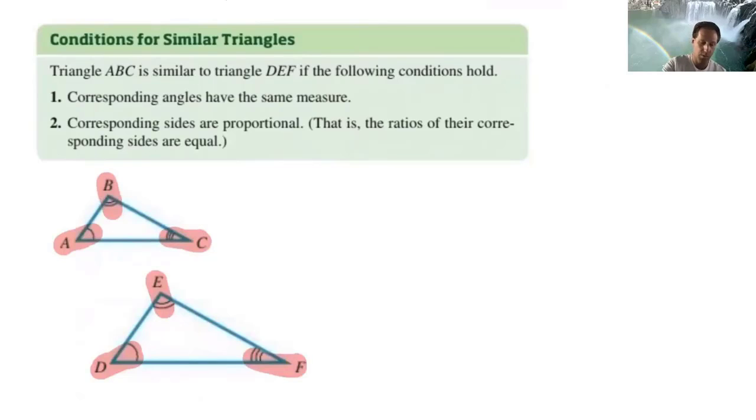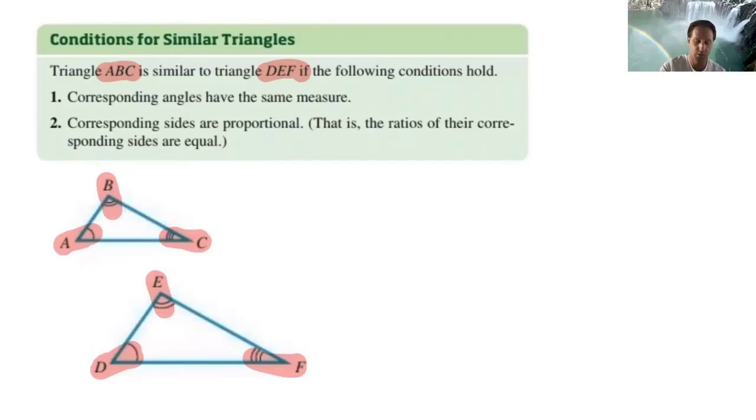So does the order matter that we say these things in? Yes, because when you tell me that triangle ABC is similar to triangle DEF, then you're telling me that A corresponds to D, and B to E, and C to F, just like the drawing shows.